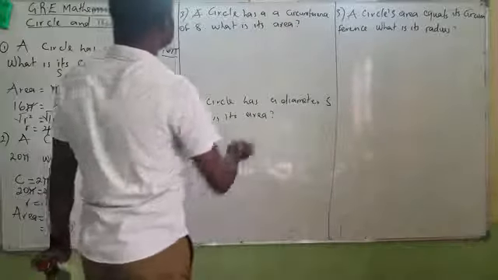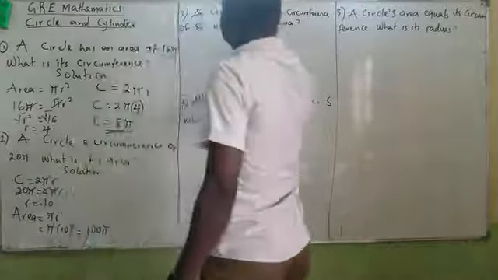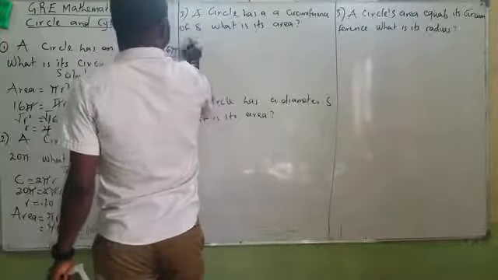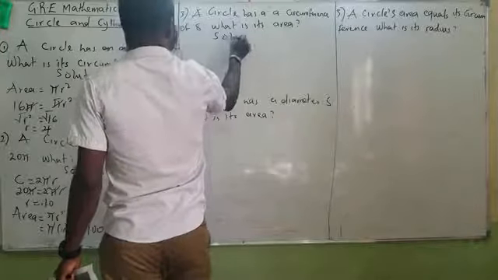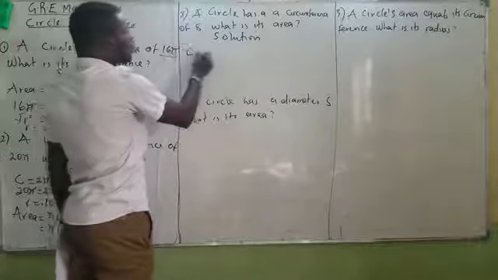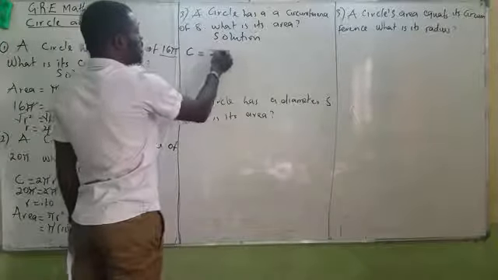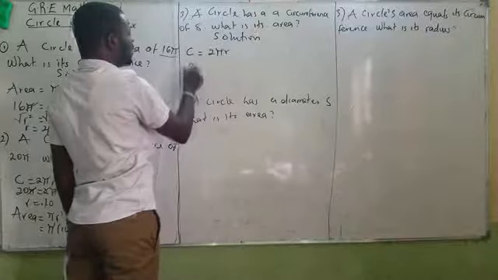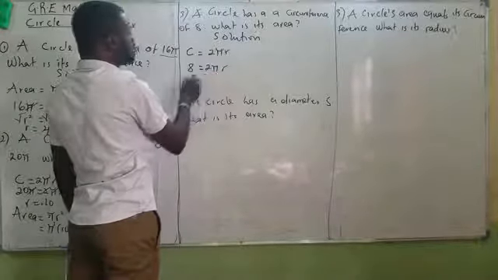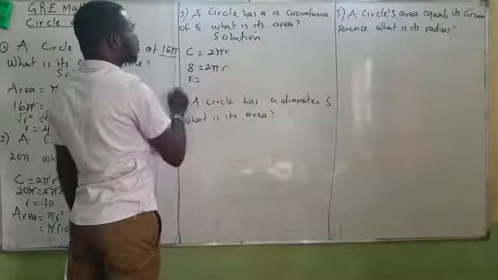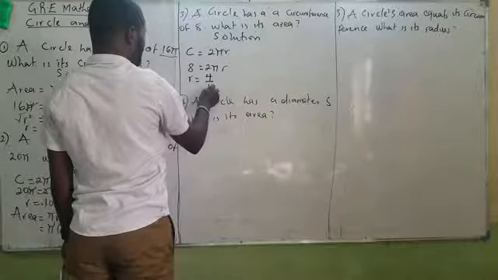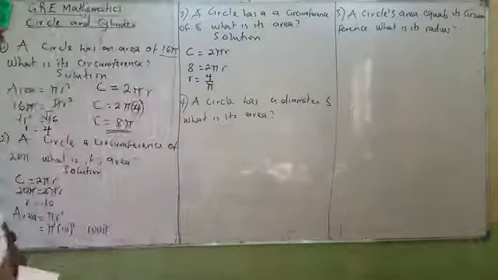Now, the next one. A circle has a circumference of 8. The solution to this: my circumference is 8, which equals 2 pi r. Now, it means my r will be equal to 4 all over pi.